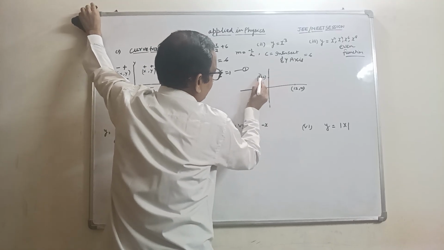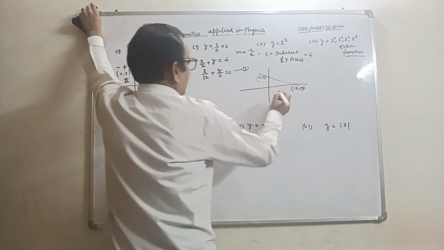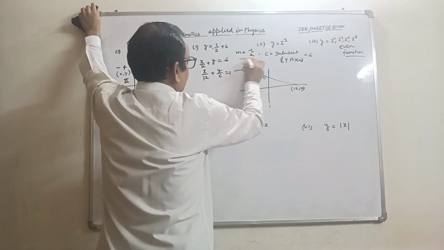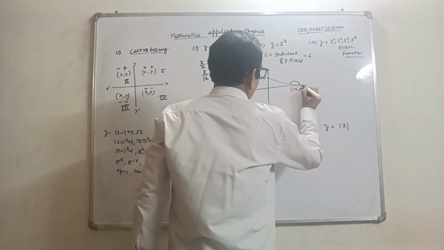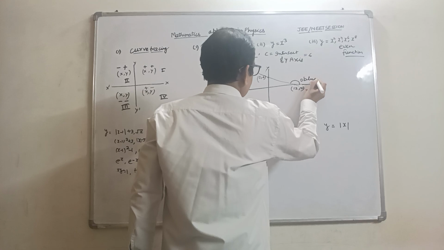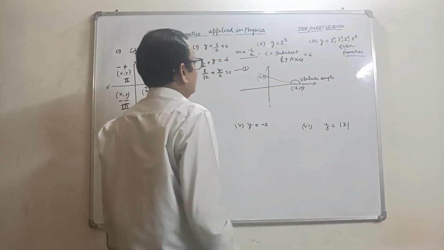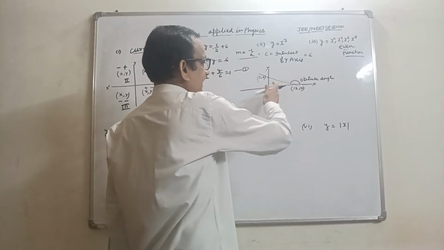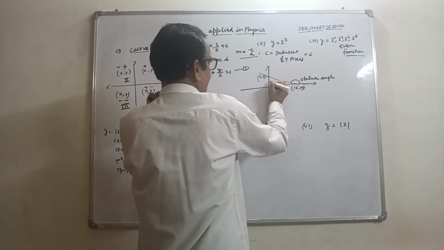Joining these points gives the equation of the line, and the slope is negative here. This line makes an obtuse angle with the x-axis, so the slope is negative for an obtuse angle with the x-axis, and this is the intercept on the y-axis, which is 6.